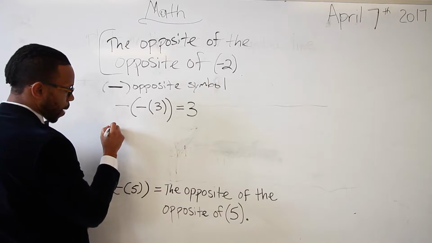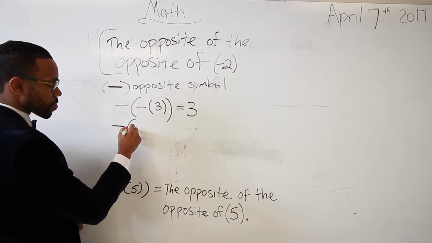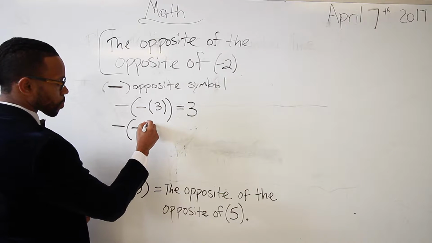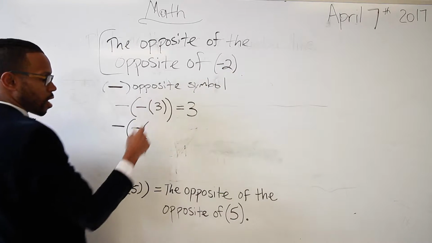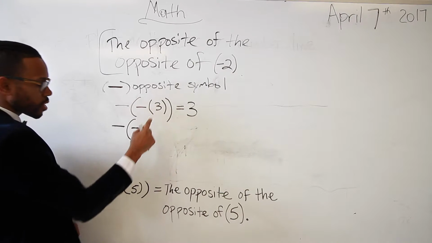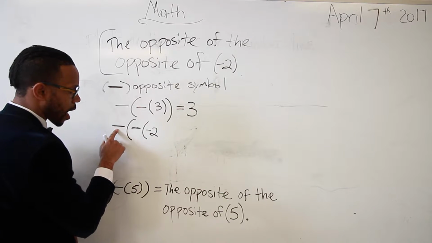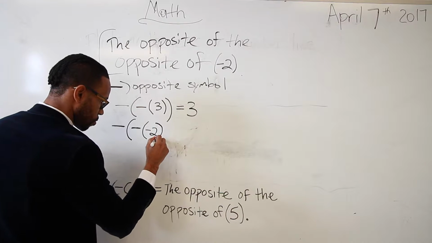So I have the opposite, my symbol there, of the opposite, right? And then my number in question, I'm going to put in parentheses, just like I had 3 as the number in question here. The number in question here is -2, right? I want to find the opposite of -2.